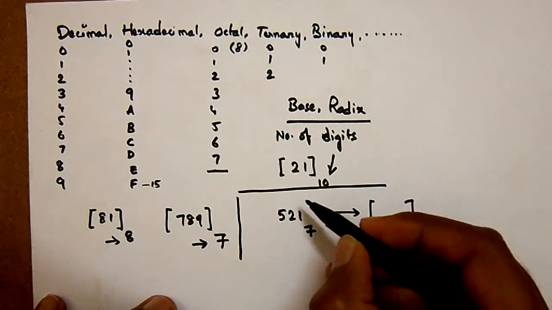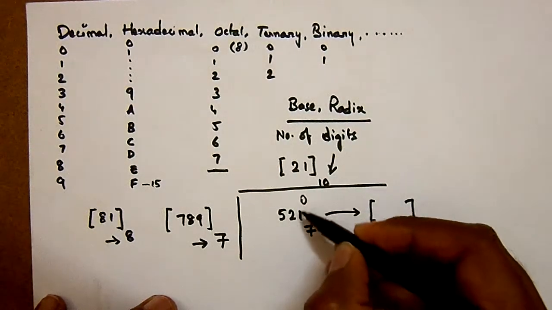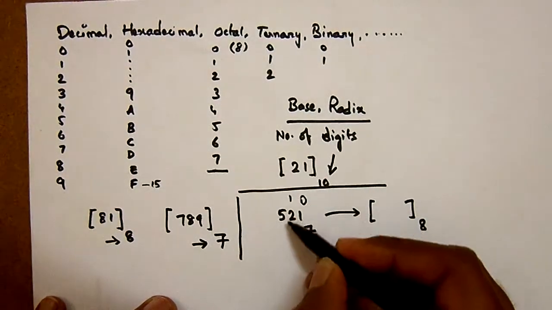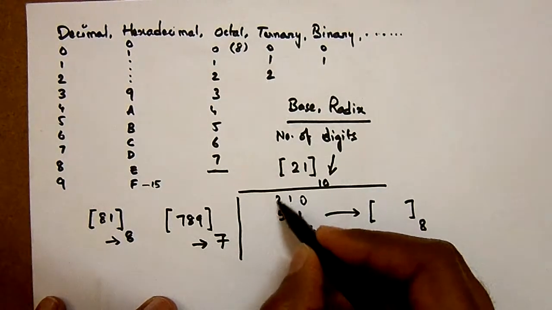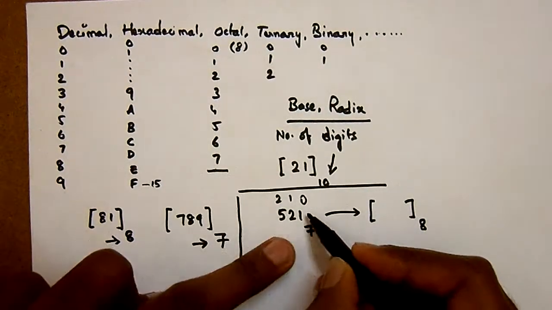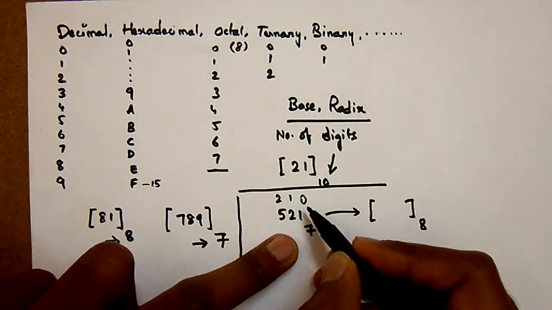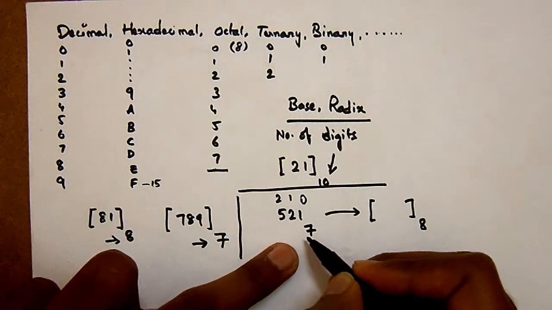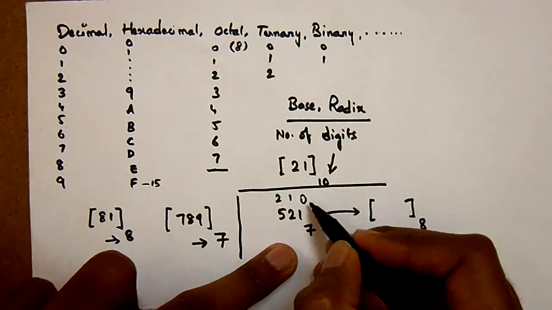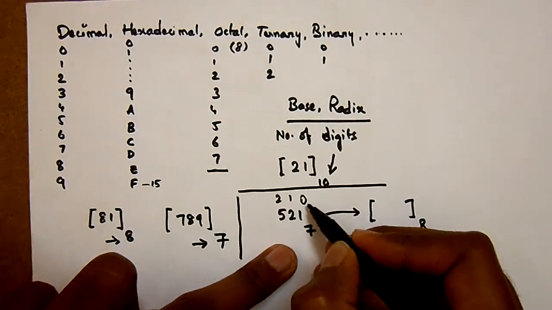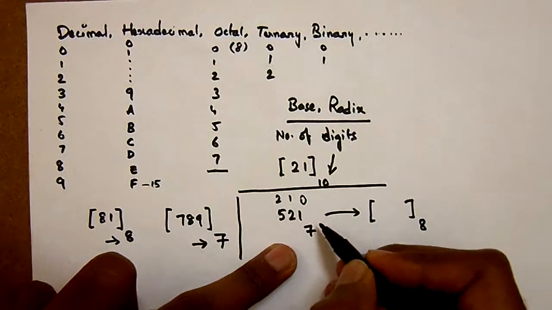What is a place value? This is the 0th place, this is the 1st, this is the 2nd. So each and every place has a number. And what is the place value? If we have base 7 and the place is 0, then the place value is 7 power 0.